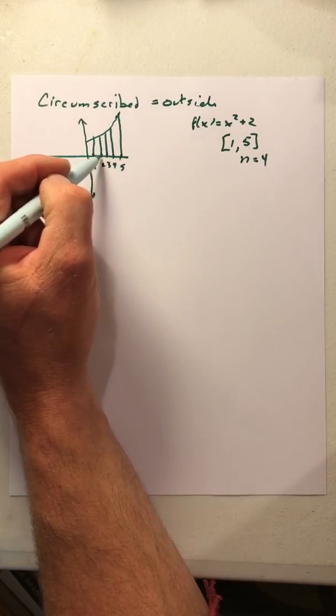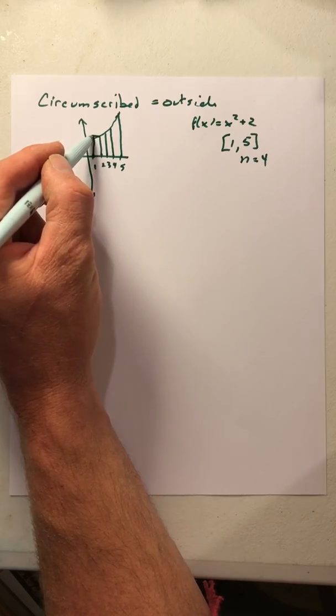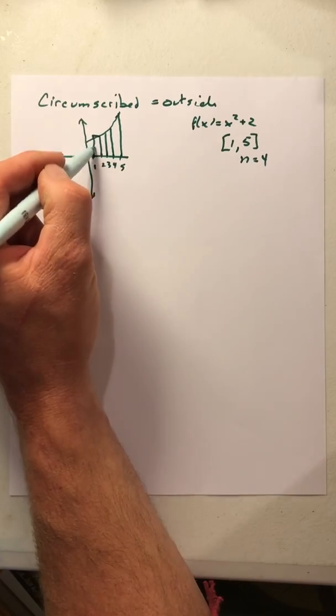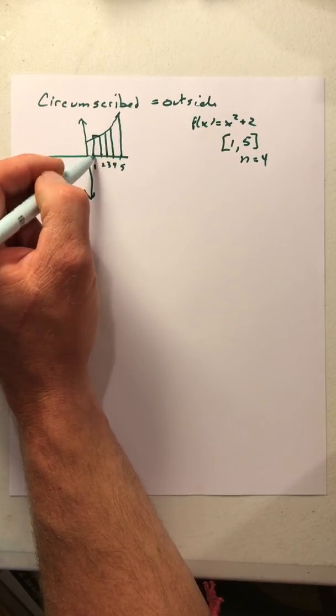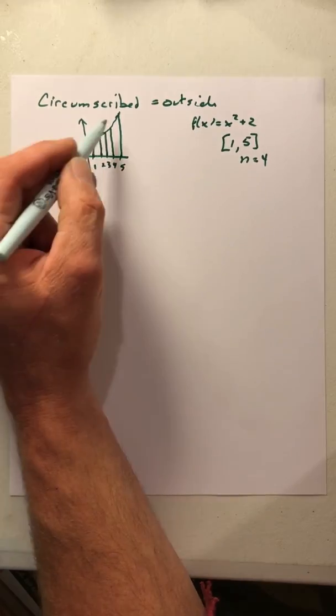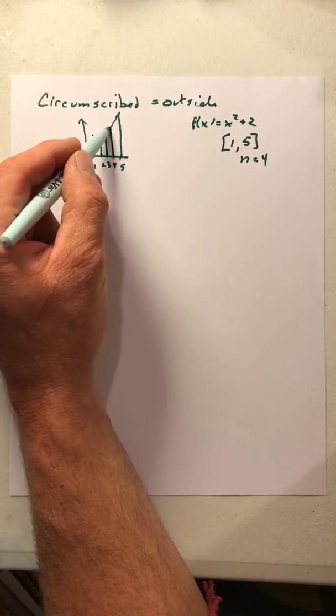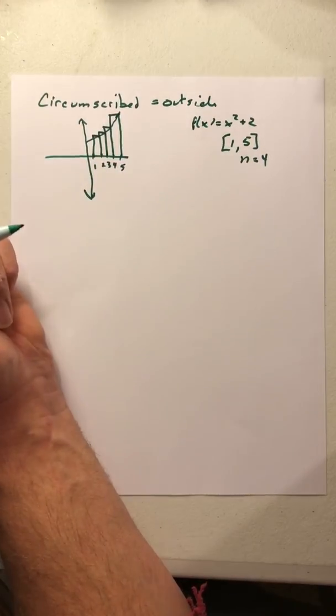So if I look between 1 and 2, the highest value here is going to occur at 2. So I'm going to draw a rectangle using that highest value in that region. Between 2 and 3, it's going to occur at 3. So I'm going to create a rectangle there. Between 3 and 4, it's going to be here. And then 4 and 5, it's going to be in there.